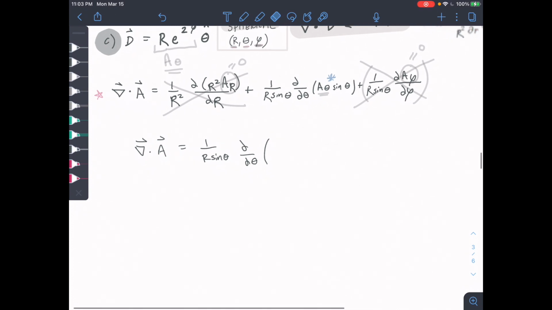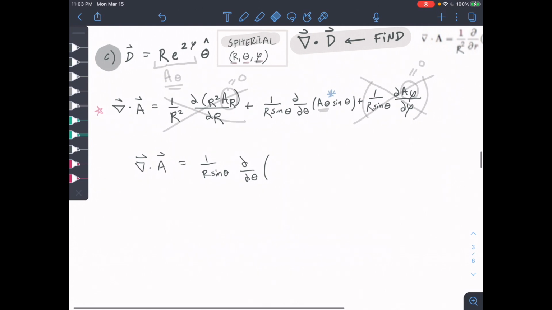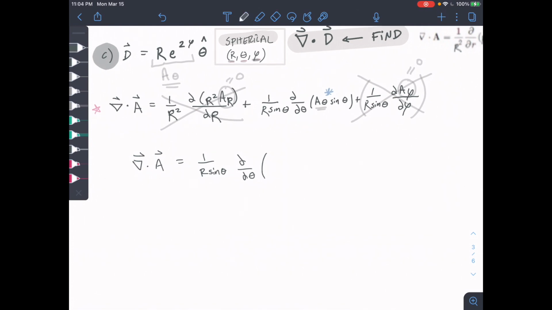Make sure that you keep those in the parentheses and that you do the partial derivative with respect to theta first. Okay, so we have r e to the 2 phi, which is our a theta piece, right, because it's the magnitude in the theta direction, and that's going to be multiplied by sine of theta.